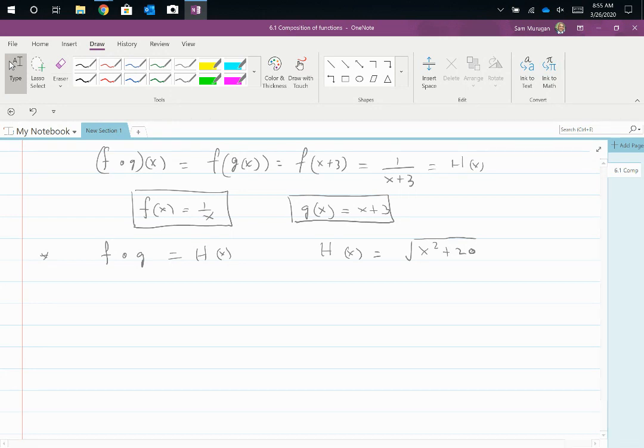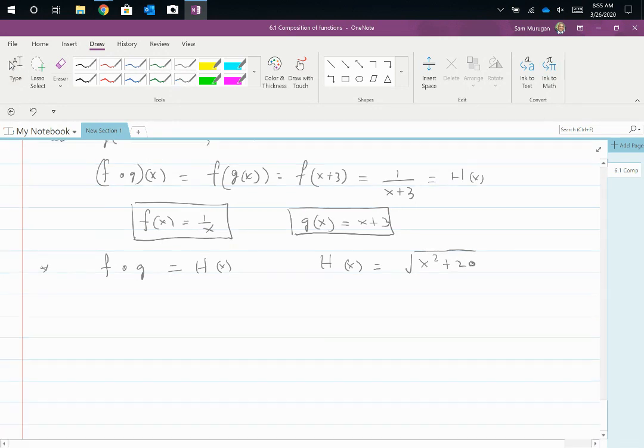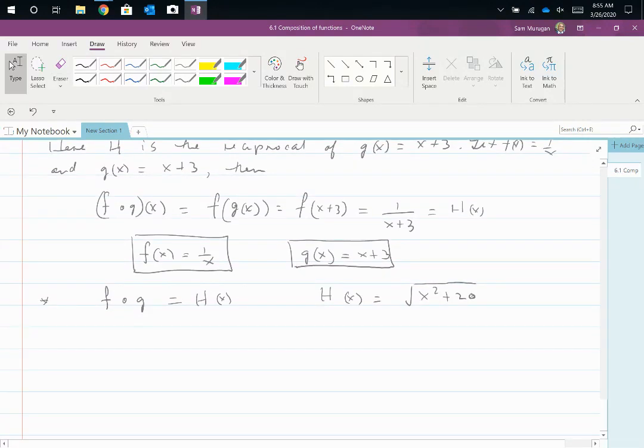So here h is the square root of g of x, which in this case is x squared plus 20.